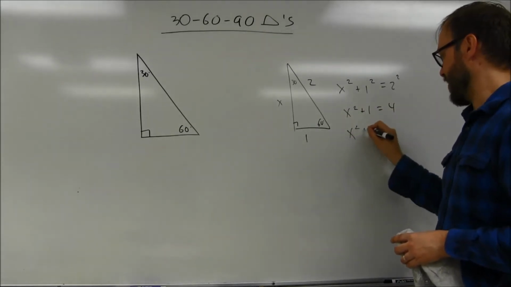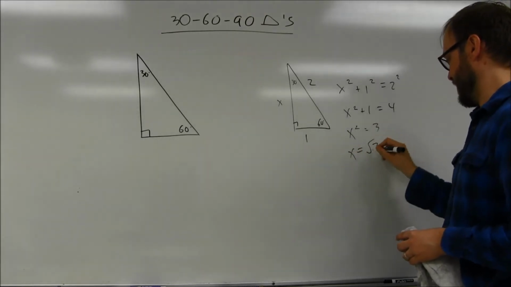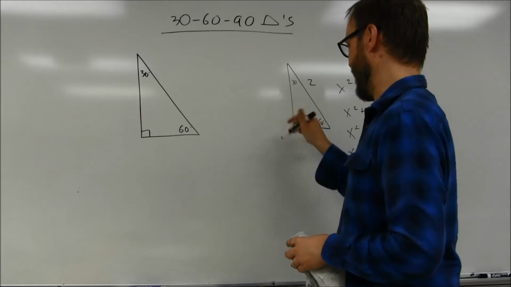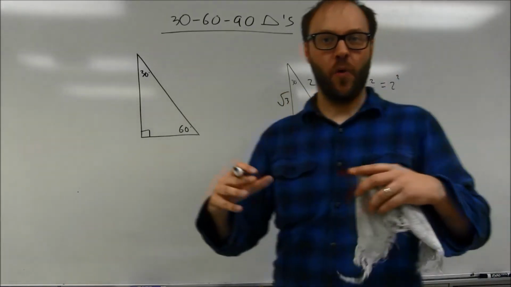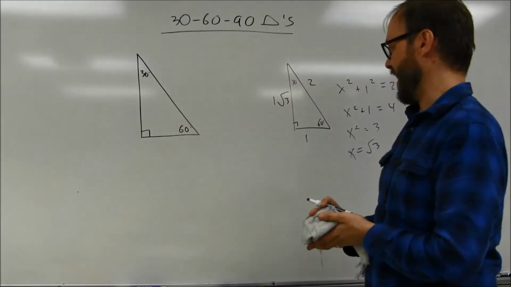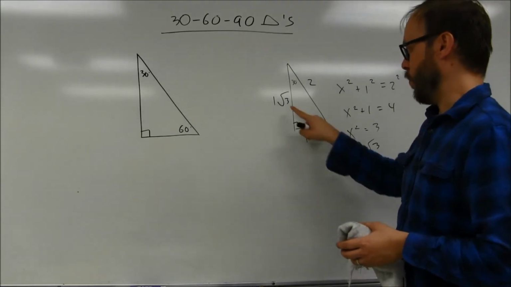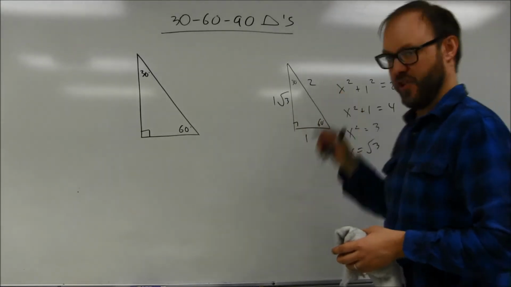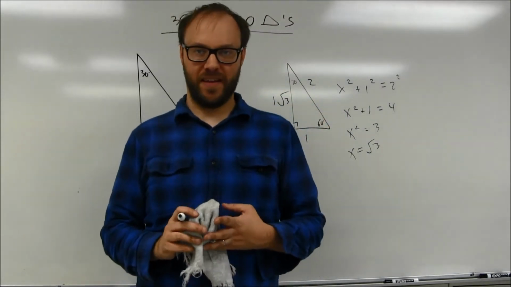That means x squared is equal to 3, which means x is the square root of 3. I'm going to write this side length as radical 3, which is the same thing as 1 radical 3. So I have a 30, 60, 90 triangle with side lengths of 1, 1 radical 3, and 2. We're probably not going to take much of a pattern away from that example.